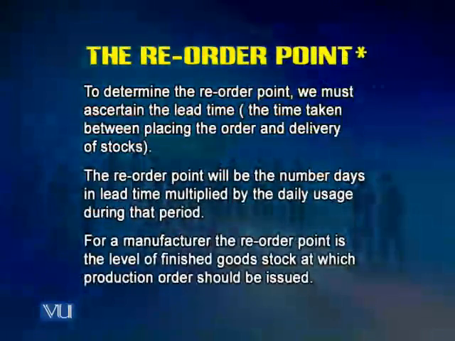There will be a difference between, let's say, a manufacturer and a trading environment. The manufacturer, we are saying, is interested in producing his goods and manufacturing them and selling them. So for him, the reorder will be the point at which the production order should be issued.